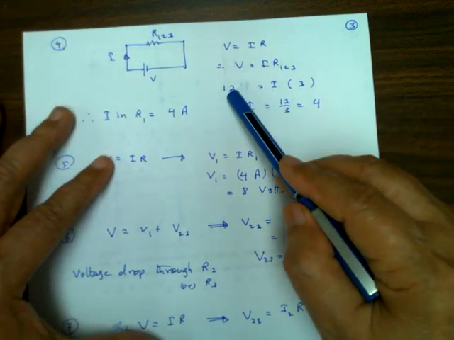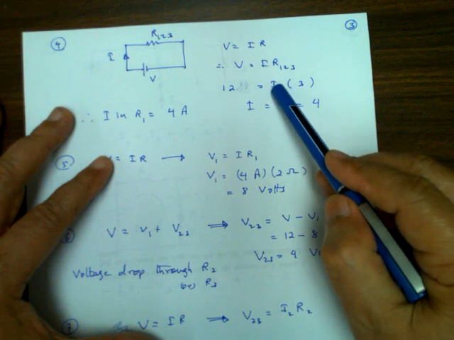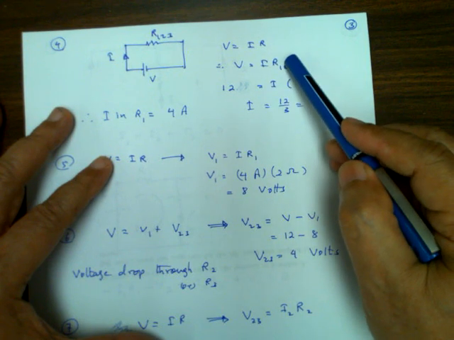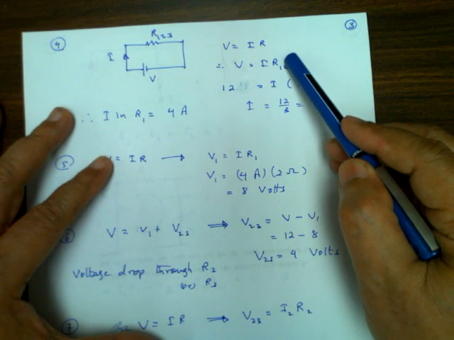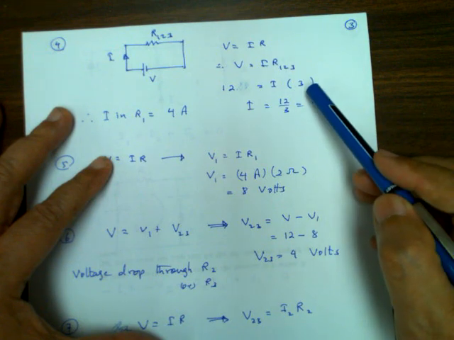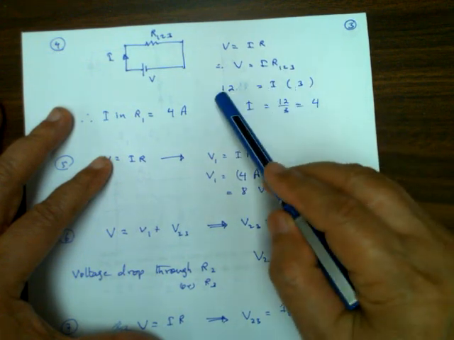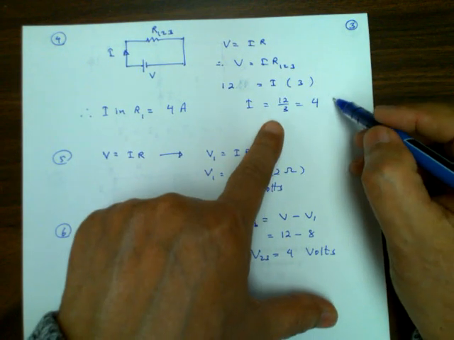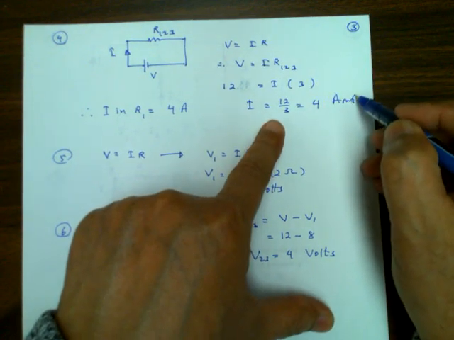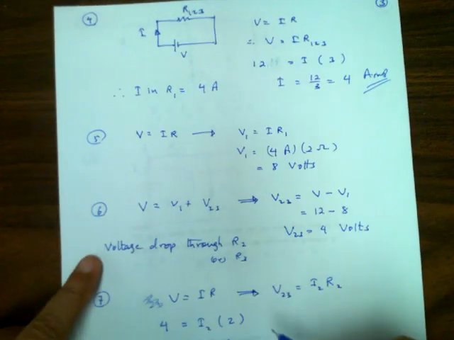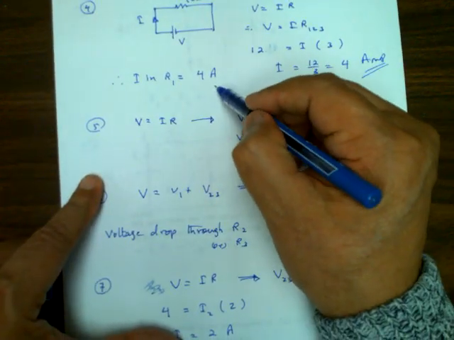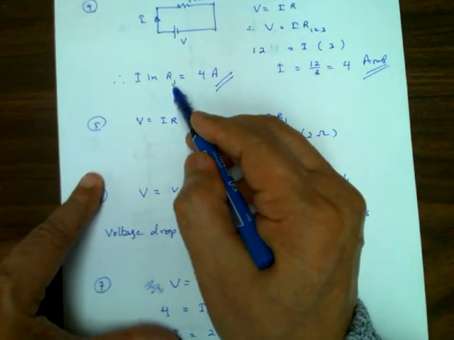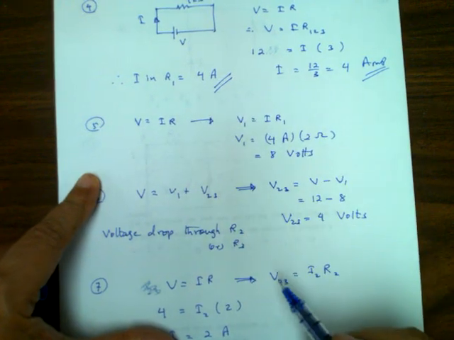So V is 12 volts. I is the one I want to find. R123 is the one that we found in the last problem, which is 3. So 12 divided by 3, I get I is equal to 4 amperes, right? So I get the answer. Current in R1 is equal to 4 amperes.